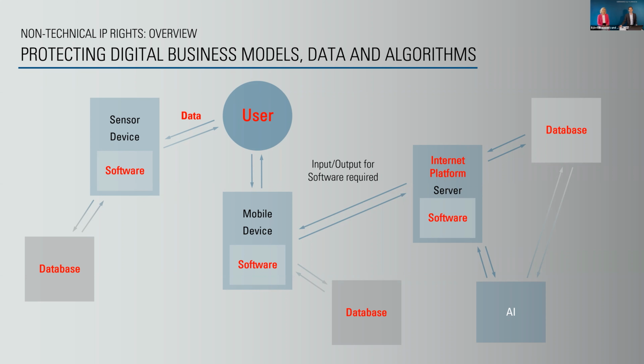Other aspects are more in the background, like database and software. As we learned, software can be an aspect of patent protection, but not the software as such, and data cannot be the basis for patent protection. So how can I secure such aspects which may have a bigger value?